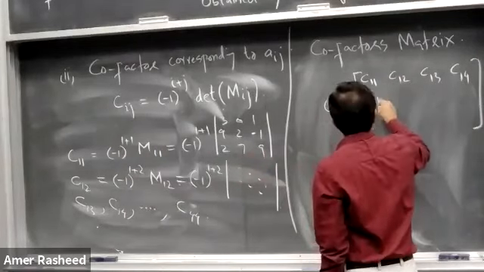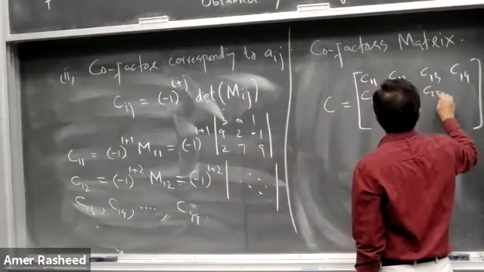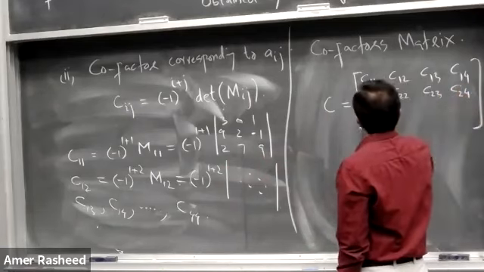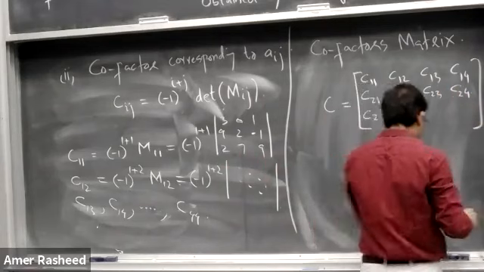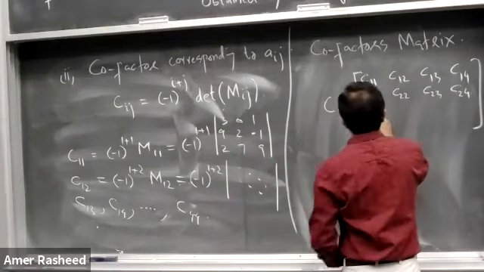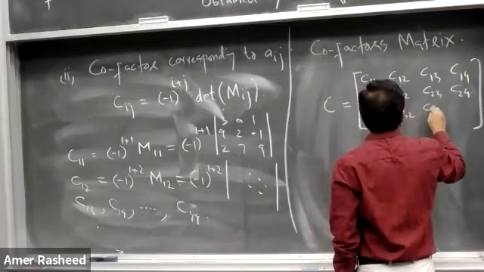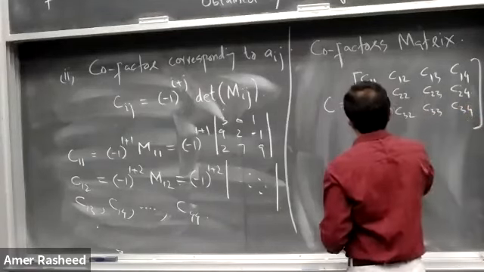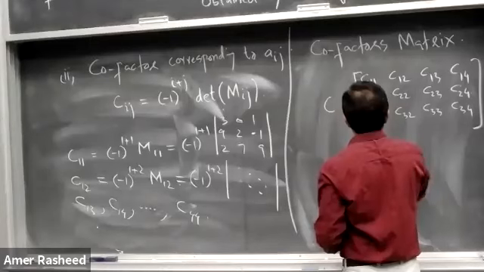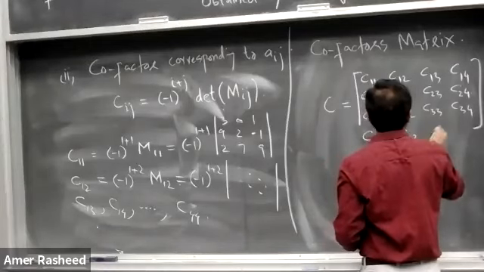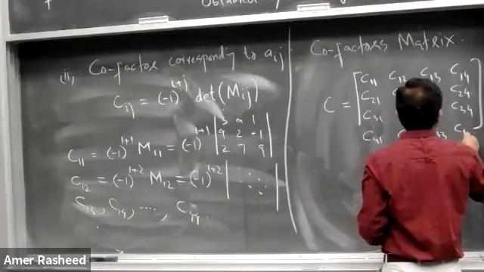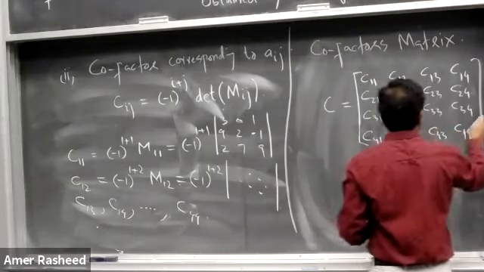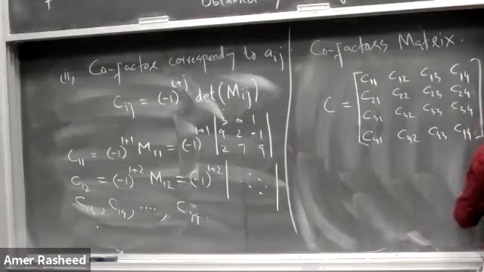Then you'll have C21, C22, C23, C24, then C31, C32, C33, C34, and the last one is C41, C42, C43, and C44. So this is your matrix of cofactors.